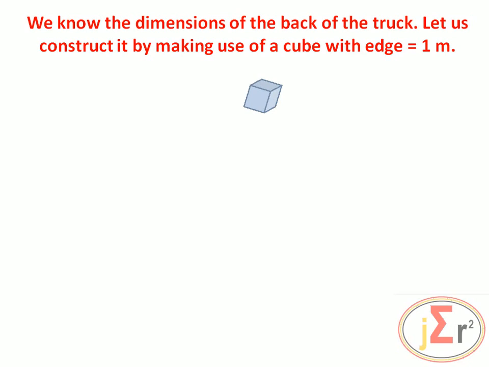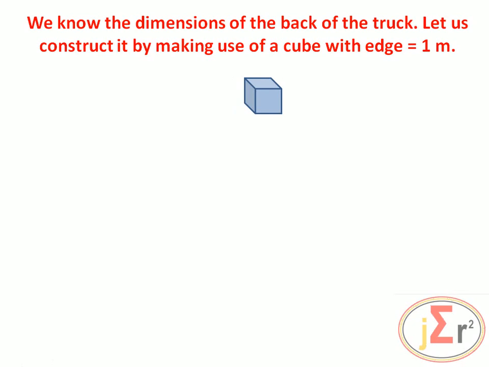So that transition or that calculation or the arrangement that we are making is going to be made easy because the dimensions of the back of the truck are in meters. So we are going to use the cube that we have right here, whose dimension is 1 meter.